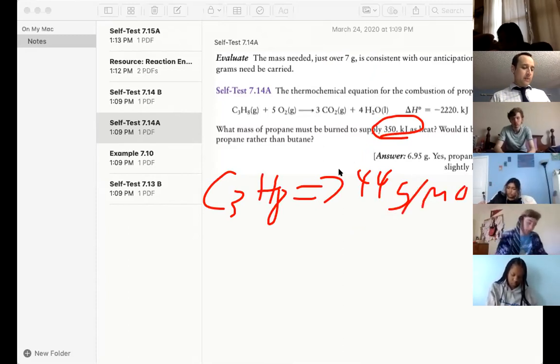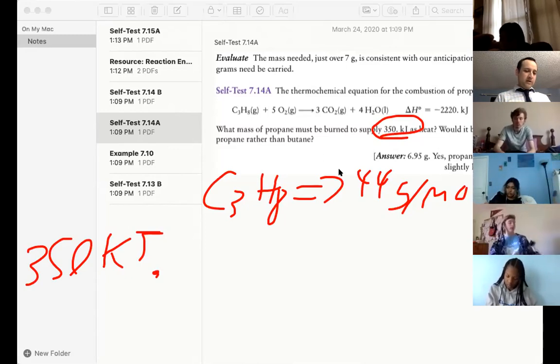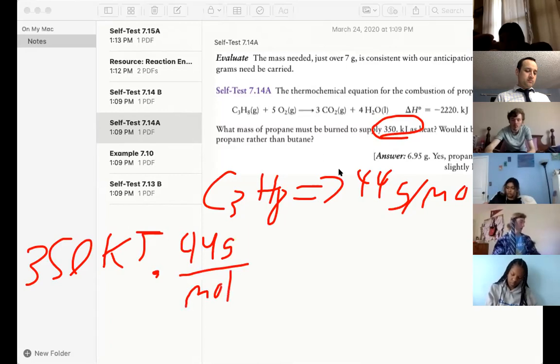And then I multiplied it by the amount of heat, the number they give you, which is 350. And that would be over the delta H, which would be the negative 2,220. So times 44 grams.